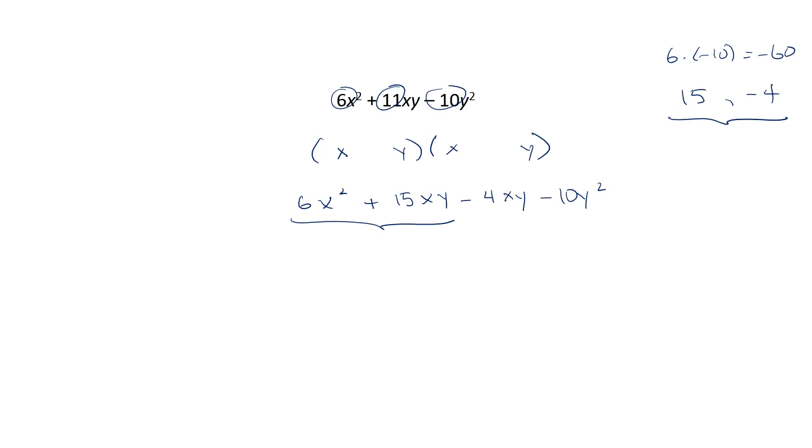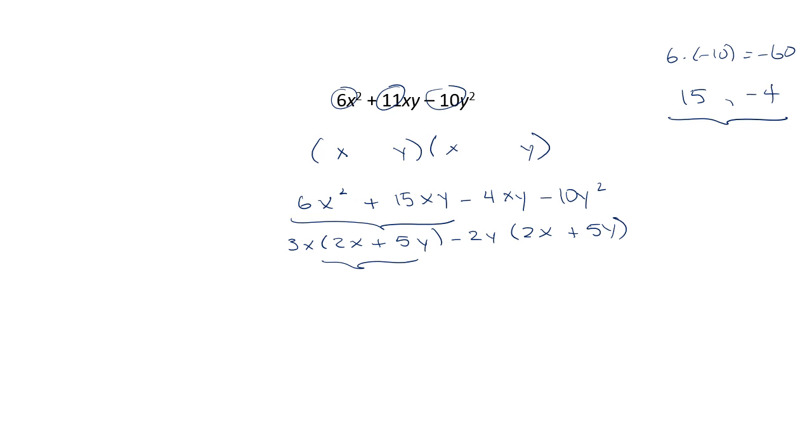With this first section here, I can factor out a 3x. And this will become 2x plus 5y. And then over here, I'm going to factor out a minus 2y. And what's left is 2x plus 5y, which, look at that, is exactly what I needed.